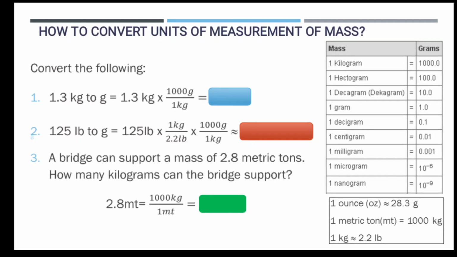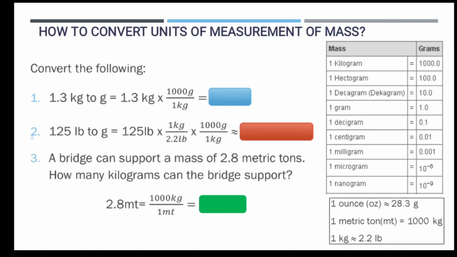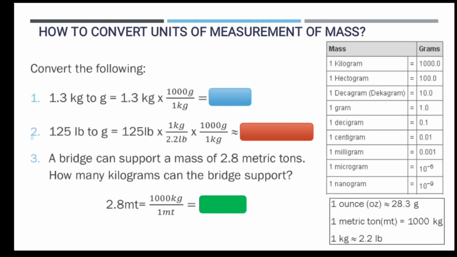Let's write 1.3 kilogram, then multiply it by the conversion factor. We all know that 1 kilogram is equal to 1,000 grams. How? From kilogram to gram, we move 3 times: 1, 2, 3.